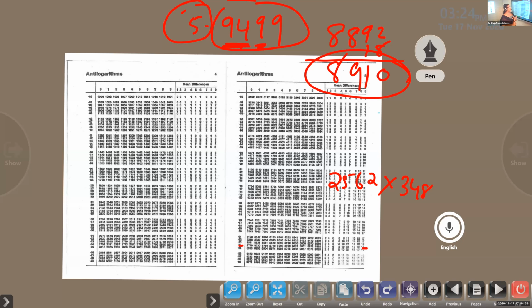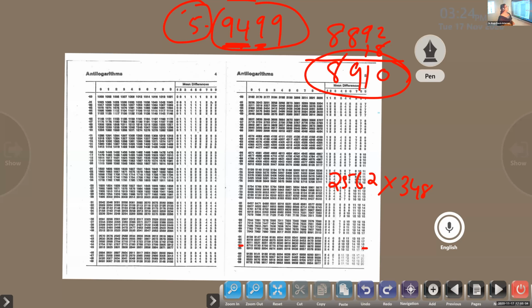What I told you was: go back, get the corresponding value in the logarithm, and according to the digits, you will get 3 point something like that. Then take the second number, 348, and find the corresponding value. In that also you will get a decimal.